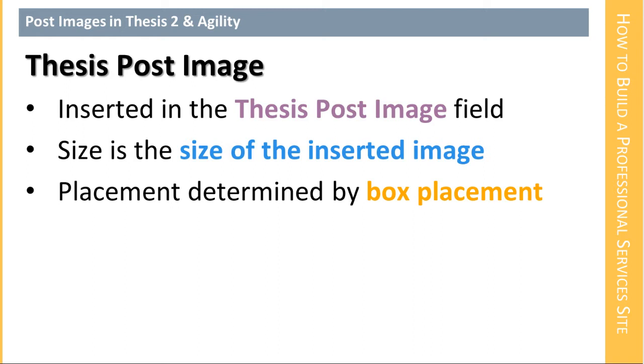Thesis included this inside of its theme and gave you the opportunity to specify a specific image to be the post image. The size of that image is dependent upon the size that you actually insert. You're not using the media library to insert it. You're actually inserting the URL directly into the thesis post image field, and it displays the same size that the image is that you insert.